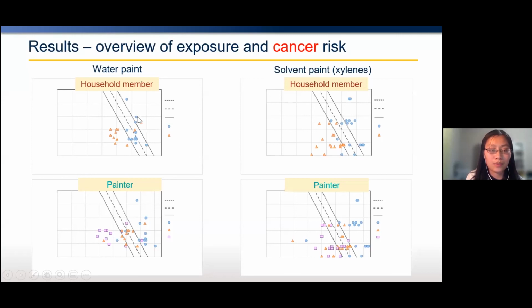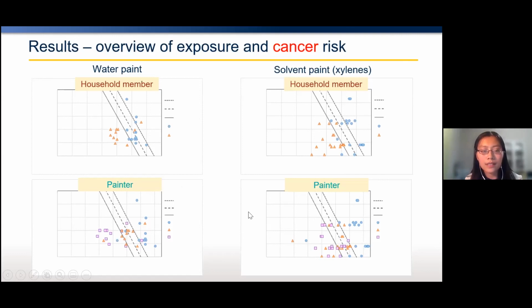Blue circles are inhalation exposures, and orange triangles are gaseous thermal exposures. These purple squares are the direct thermal exposures, which are only applicable for the painters. The left column shows water paint, and the right column shows solvent paint using xylenes as the solvent. Upper graphs are for household members, and lower graphs are for the painters.